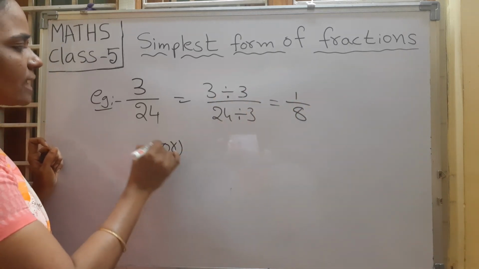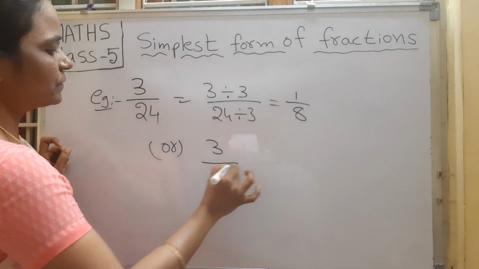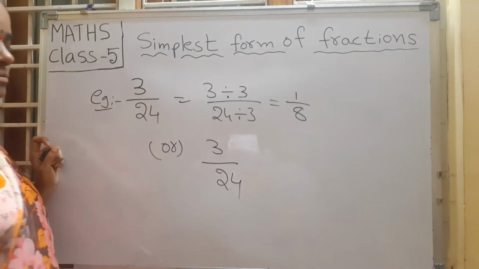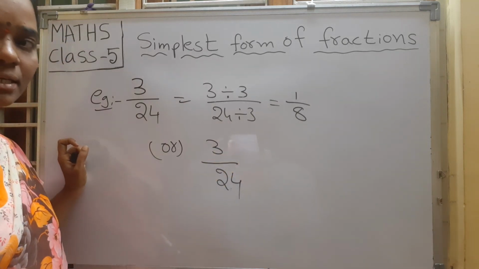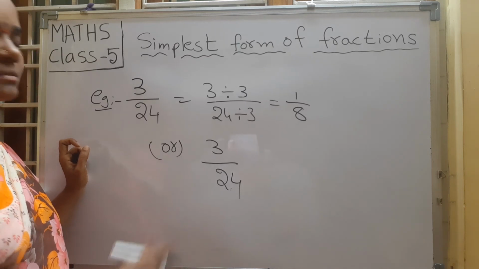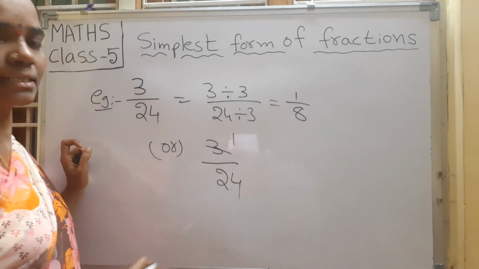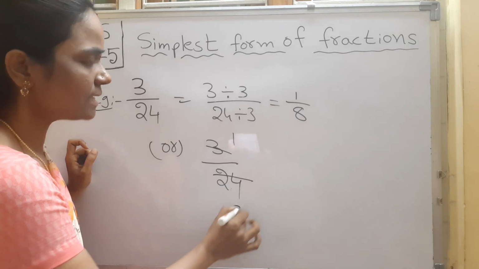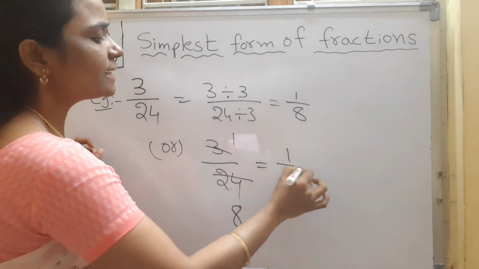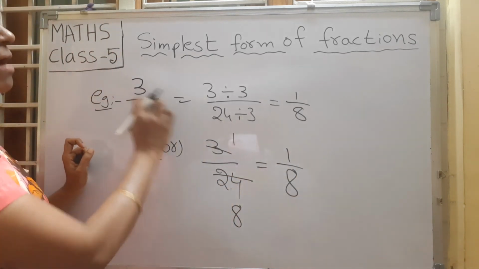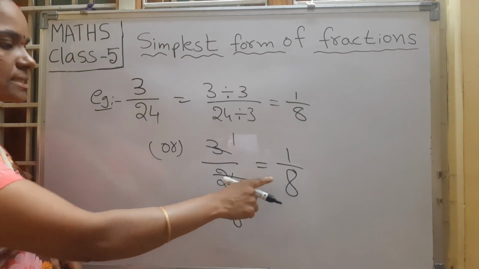Or you can do like this. 3 by 24. Both numbers we will get in the 3 table. So what is that? 3 1s are 3. 3 8s are 24. So 1 by 8 is the simplest form of 3 by 24. This is the final form.